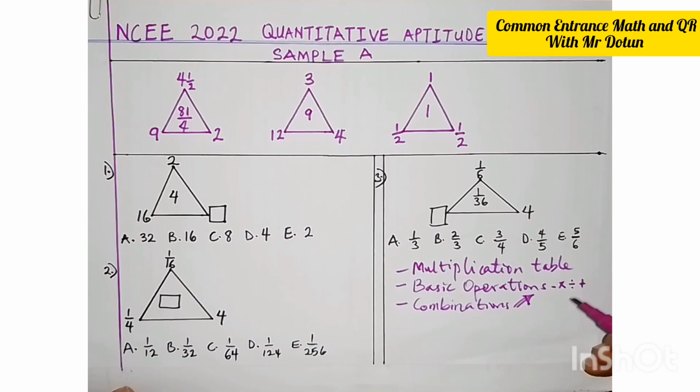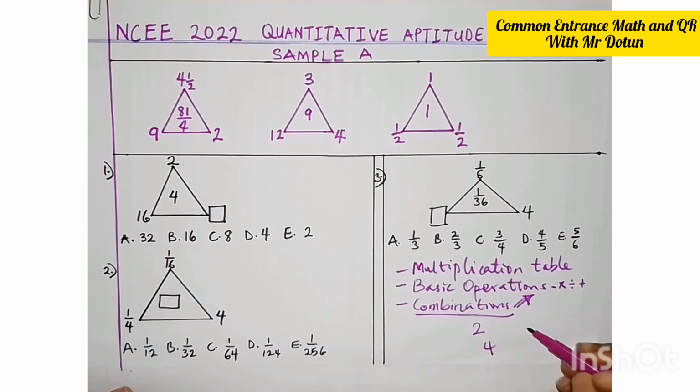So if you have good knowledge of your number combinations, anytime you're working with quantitative aptitude, you should be looking out for your number combinations. I'm going to explain that. If you have a sample and you're seeing, let's say, 2 and 4, you're looking out for the relationship between 2 and 4.